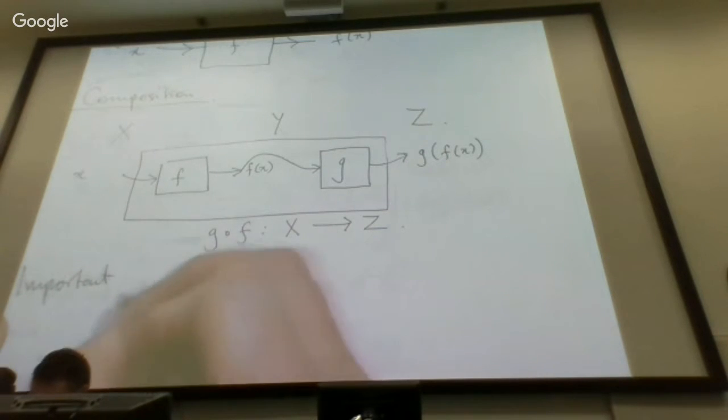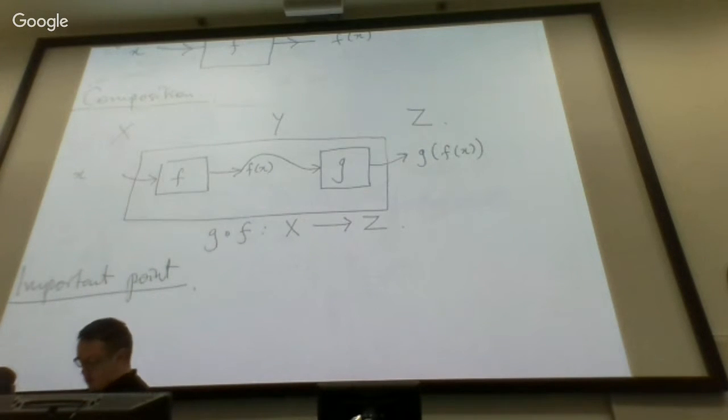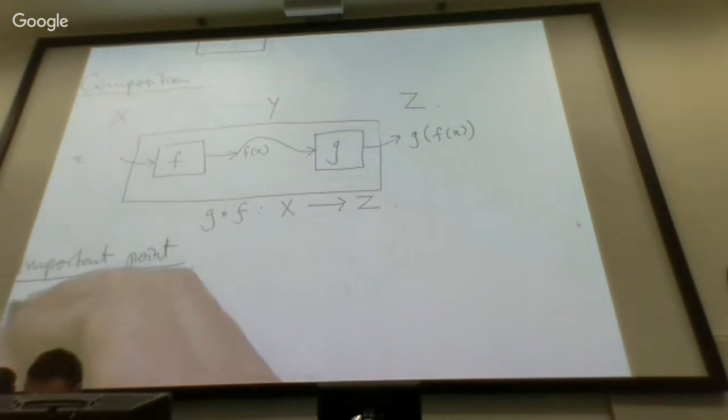So an important point here is that composition, even when you can do it in the two different orders, to be able to compose functions in two different ways, you need them to be going from the same set. The domain and codomain needs to be the same set for each function.